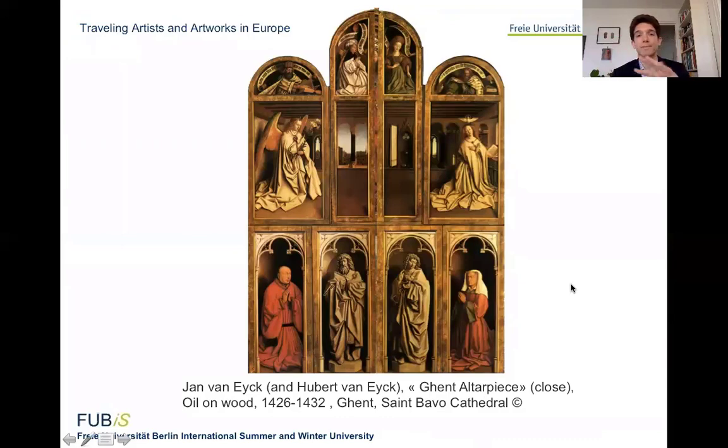Once closed, the Ghent Altarpiece shows an Annunciation with the Virgin, the Holy Spirit, and the angel on the upper register, and on the lower register we have, on the contrary, a depiction of the patrons who commissioned it.